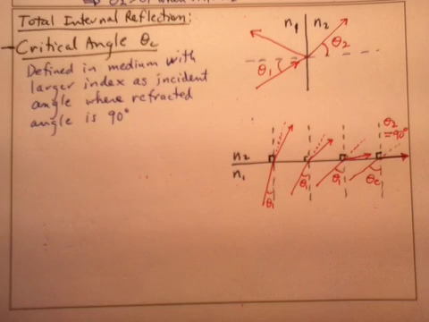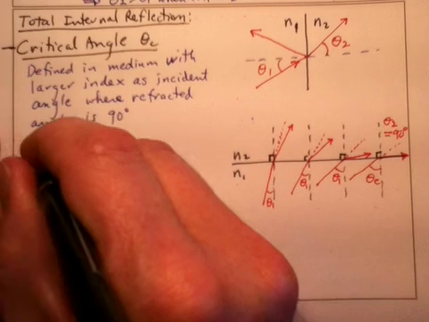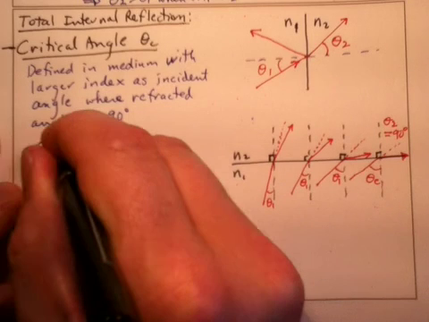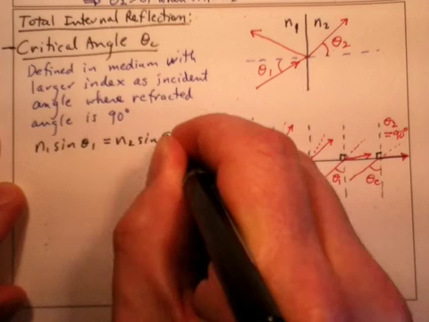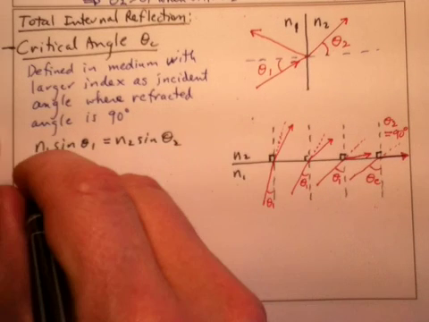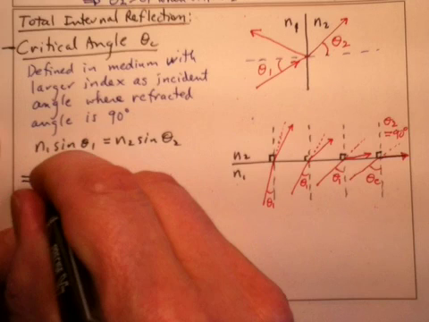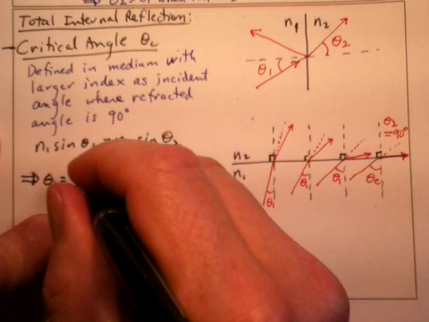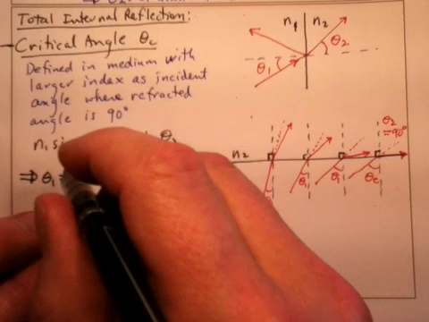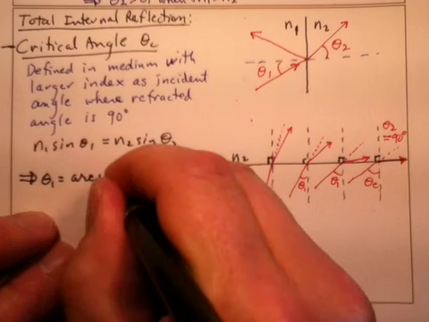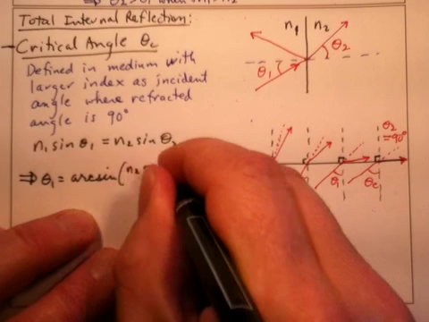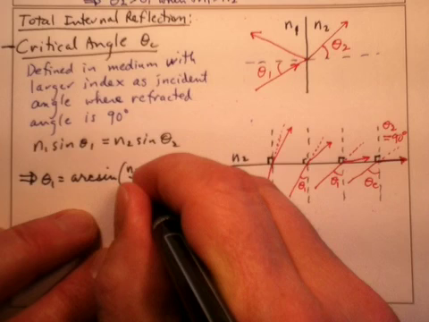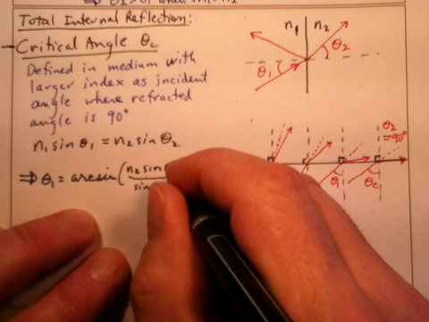And so we can write that n1 sine theta 1 is equal to n2 sine theta 2, and we can solve for theta 1 in this case. Theta 1 is the arc sine of n2 sine theta 2 over n1.